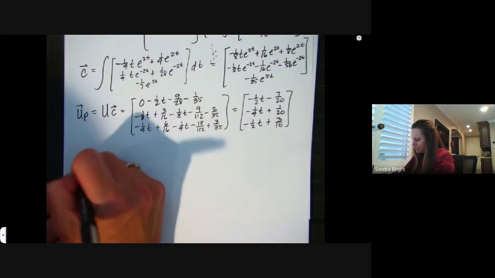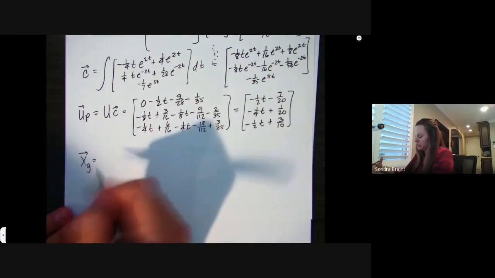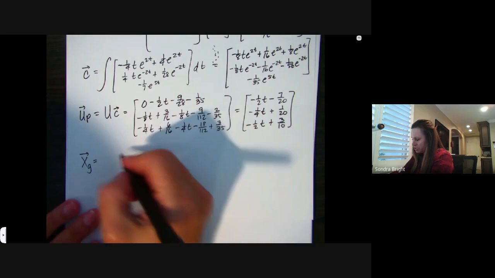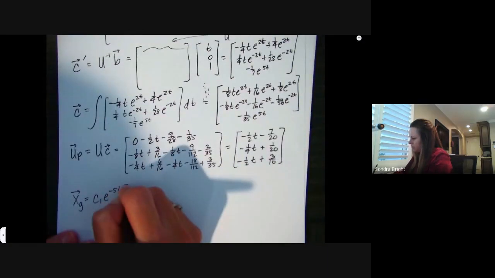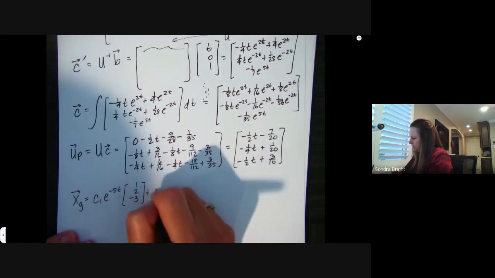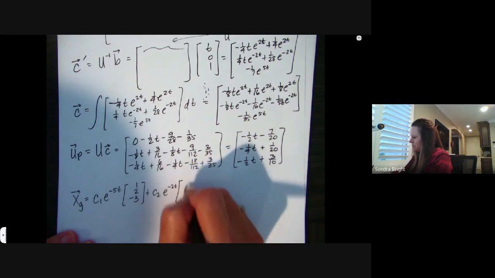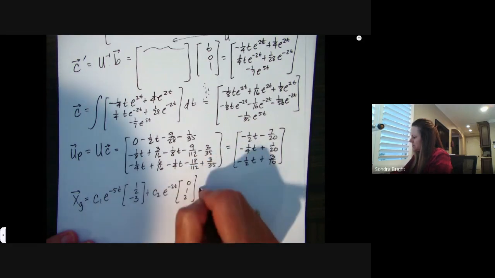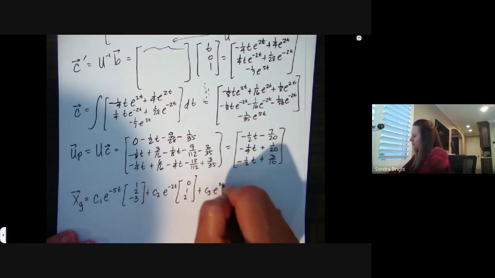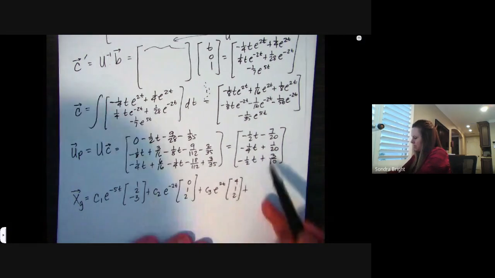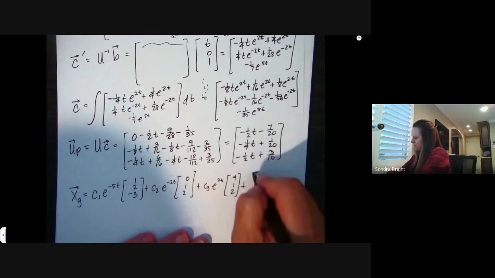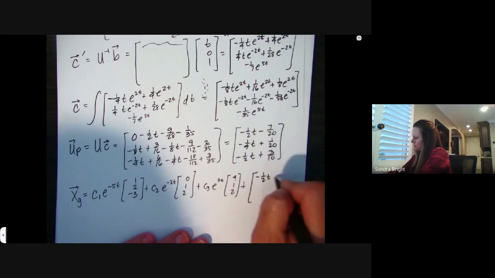Your general solution, because it's the homogeneous with the particular, is C1 times e to the negative 5t, 1, 2, negative 3, plus C2 e to the negative 2t, 0, 1, 2, plus C3 e to the 2t, 4, 1, 2, and then plus this guy, but no constant times it: negative 1/2 t minus 7 over 20, negative 1/4 t plus 1 over 20, and then negative 1/2 t plus 3 over 10.